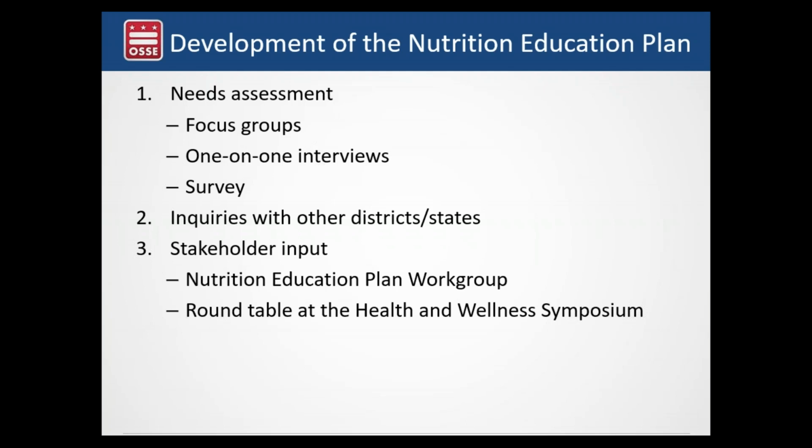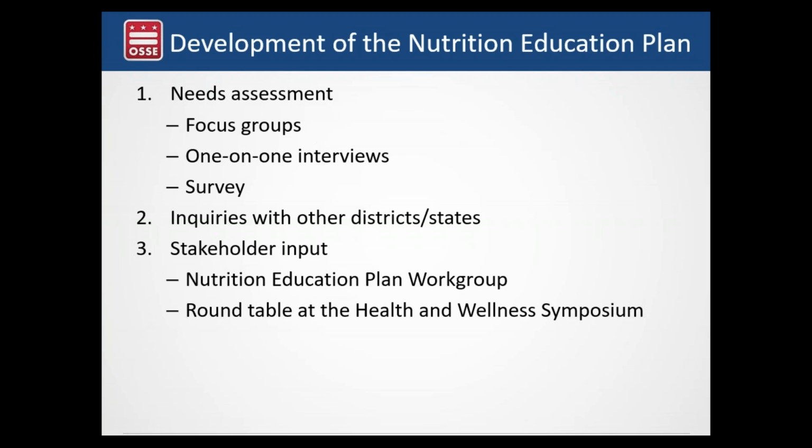It was 40 public schools and 33 public charter schools. And then there were a few schools that had more than one person respond. So when we looked at the results, we counted it as just one school. We also inquired with other states what they were doing to get some ideas about nutrition education opportunities.